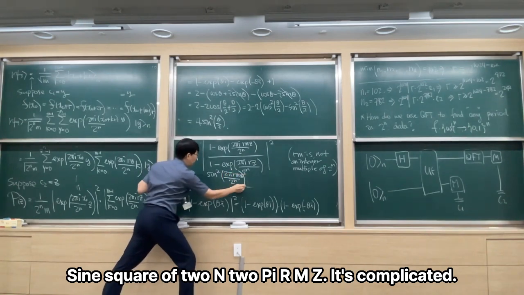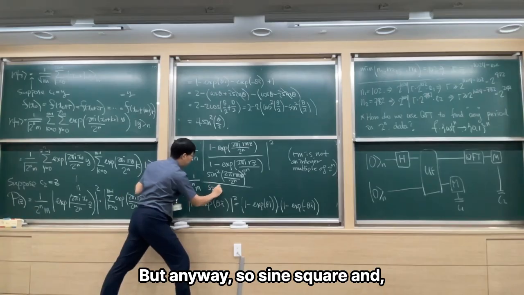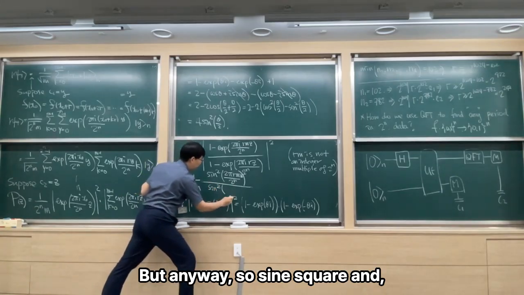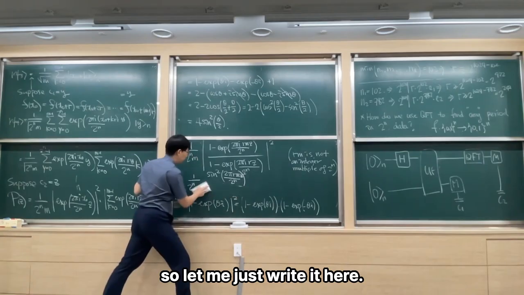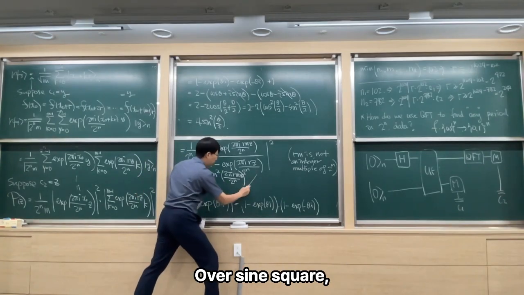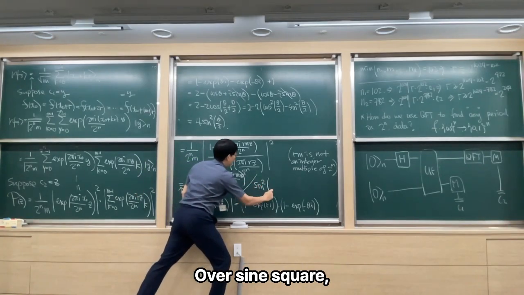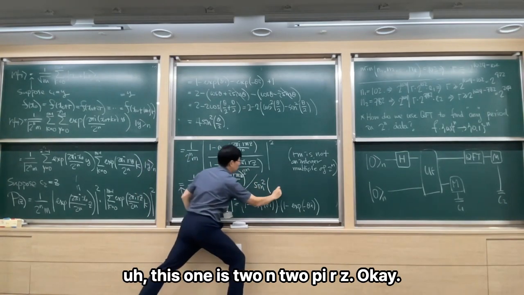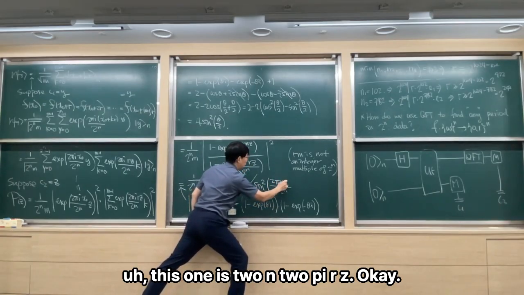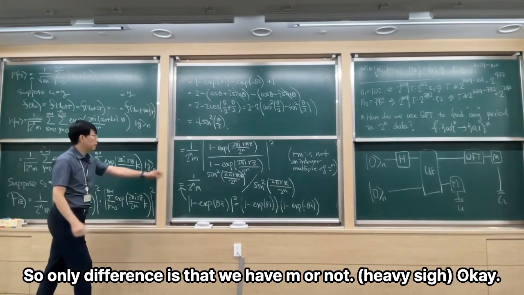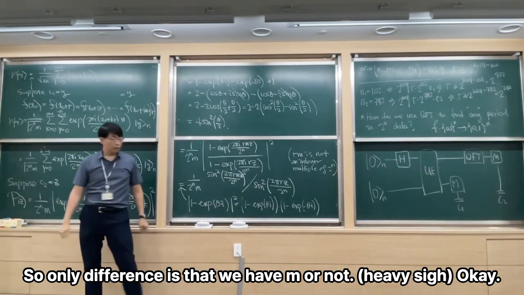It's complicated, but anyway, over sine square of 2 pi r z over 2 to the n. So the only difference is that we have m or not.